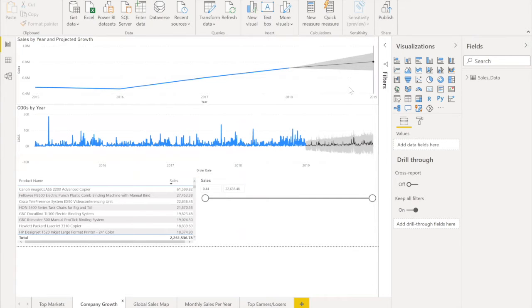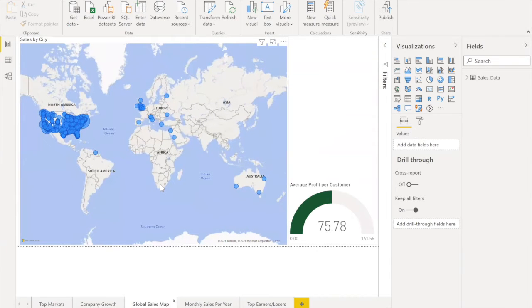Here we have our forecasted sales for the coming year, and we are expected to hit just under a million, and cost of goods remains about the same with a few spikes throughout the month. As for sales, most of our sales are done in North America, with the second market being in Europe, particularly in Britain. And our average profit per customer is about $75.78.